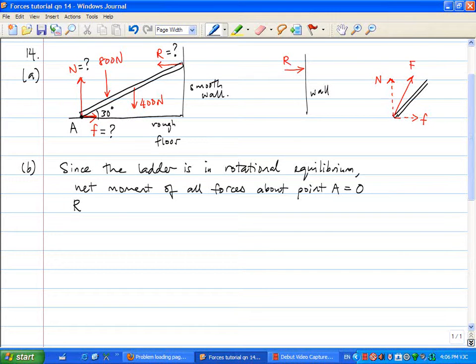The distance that we need to consider is the distance of the line of action of R about point A. So if you were to draw the line of action of R, this is the line of action.